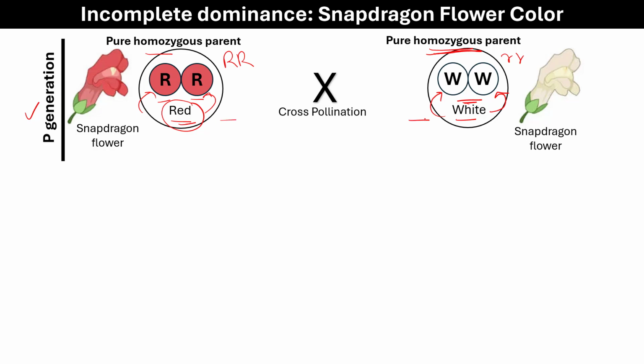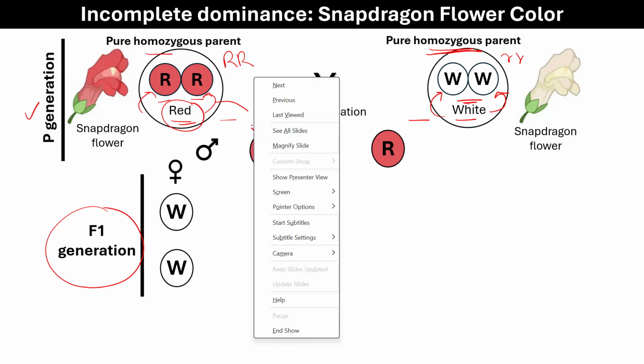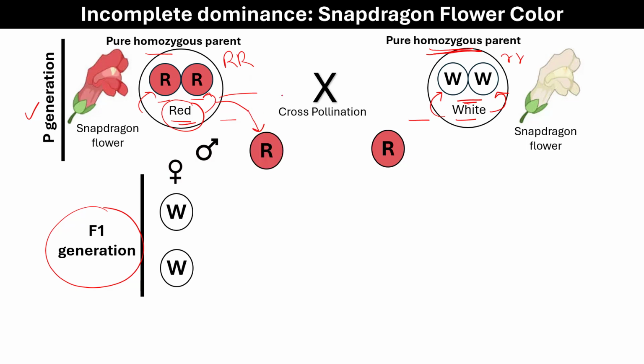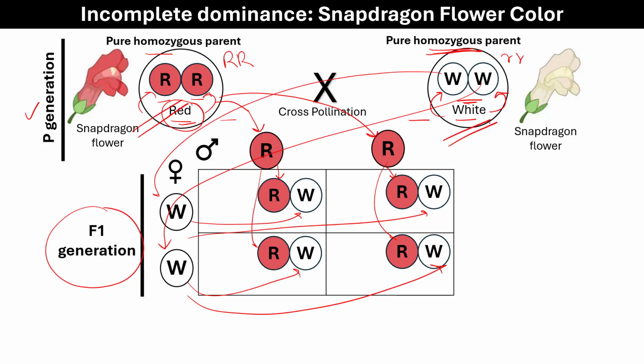Now when you cross these two parents, the F1 generation is obtained, and if you make a cross from this father which has two gametes produced and this mother which again has two gametes produced, the cross will give you R and W, R and W, this R and W, and this R and W. Now you clearly know when you have two R's it will be red, when you have two W's it will be white.